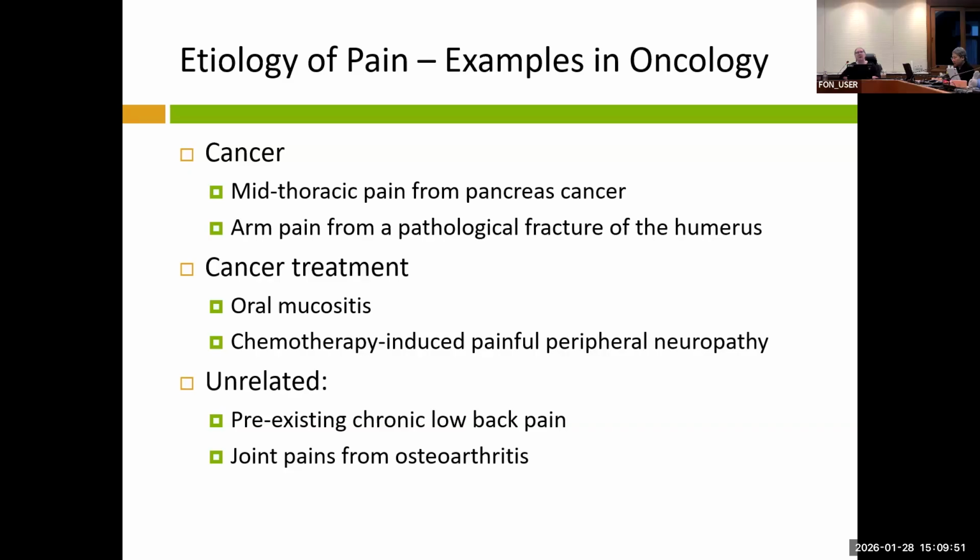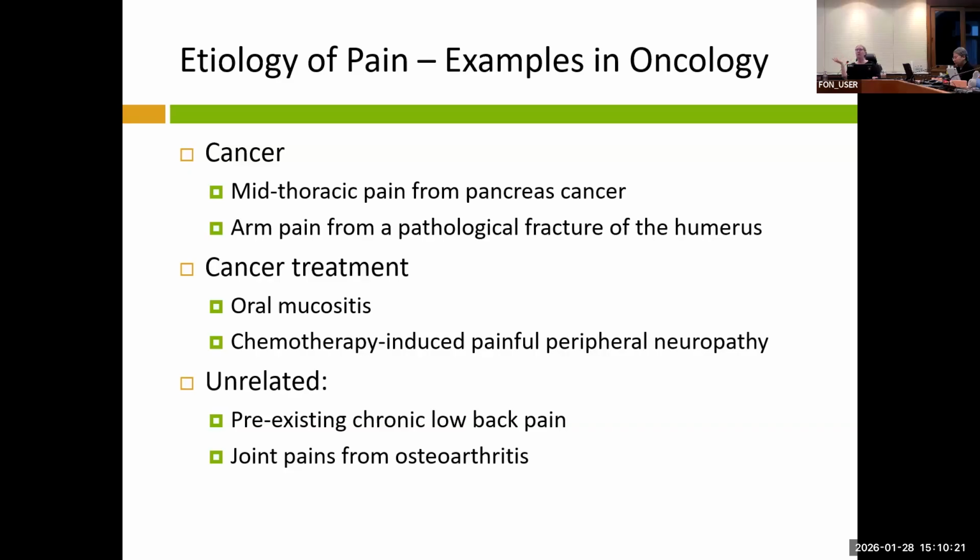with examples in oncology. So for oncology, there can be mid-thoracic pain from pancreas cancer, arm pain if there are metastases to the bone and you have a fracture, you have cancer treatment, and you have horrible oral mucositis that you have to worry about.